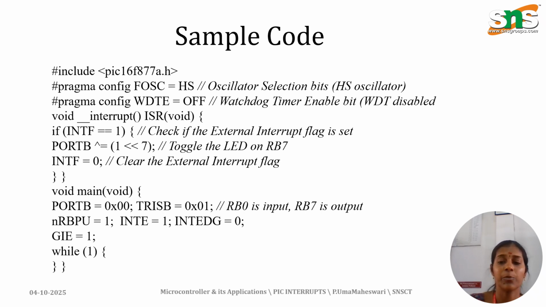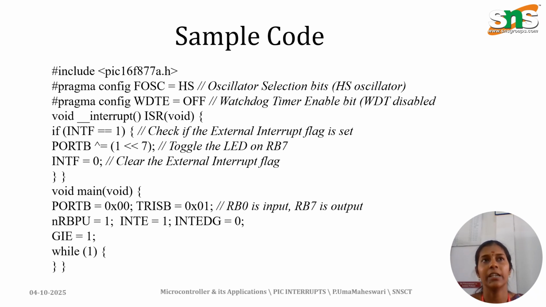The program execution always starts from main, and PORTB is equal to 0. I explained in the previous video what assigning 0 and 1 is for. And GIE is nothing but the global interrupt enable.